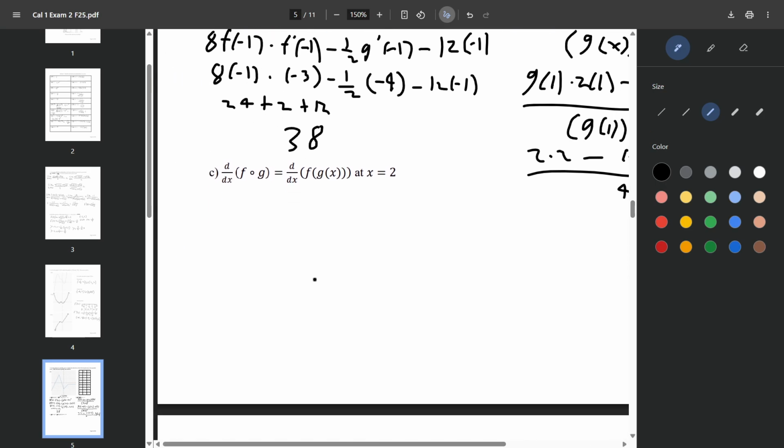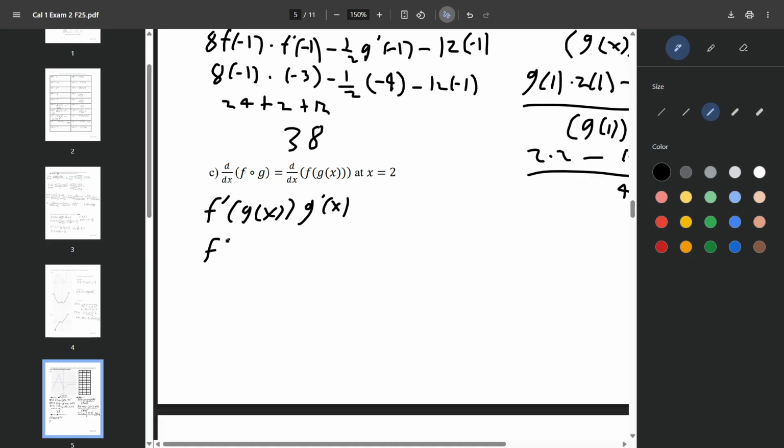And now finally, C. The derivative of f of g of x at x equals 2. We will be taking the derivative, and so we will follow the chain rule. So the derivative of the outside, f prime of g of x, times the derivative of the inside, which is g prime of x.